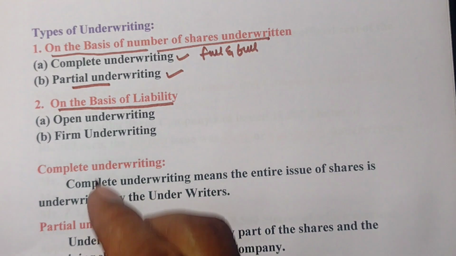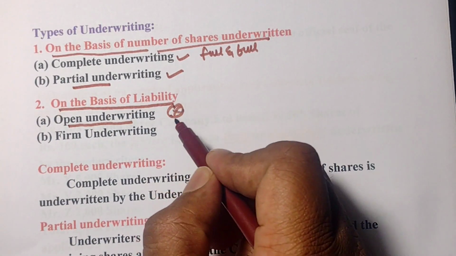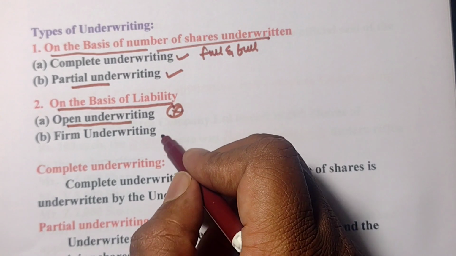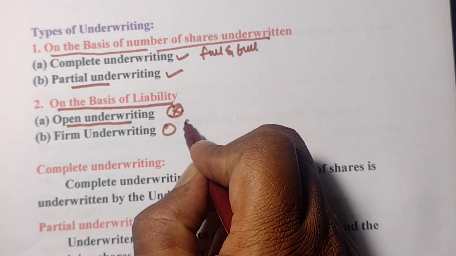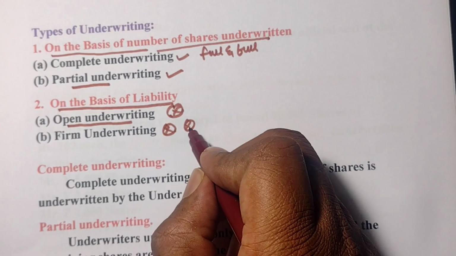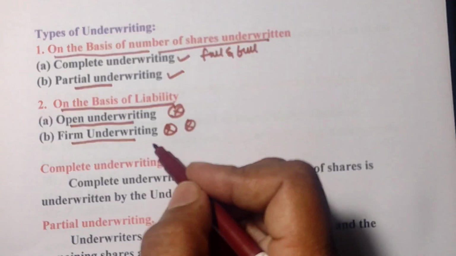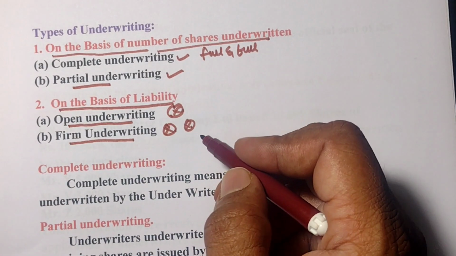Next, coming to the basis of liability. Under this, the first one, which is most important for your syllabus, is open underwriting, and the second one is firm underwriting. The most important concept from the examination point of view is firm underwriting.